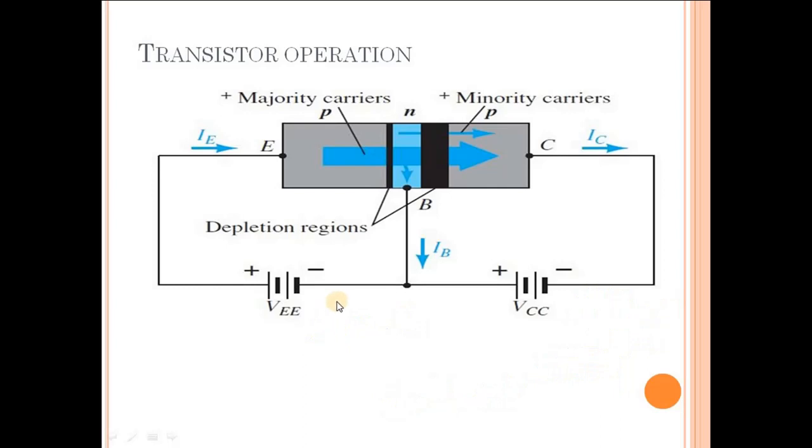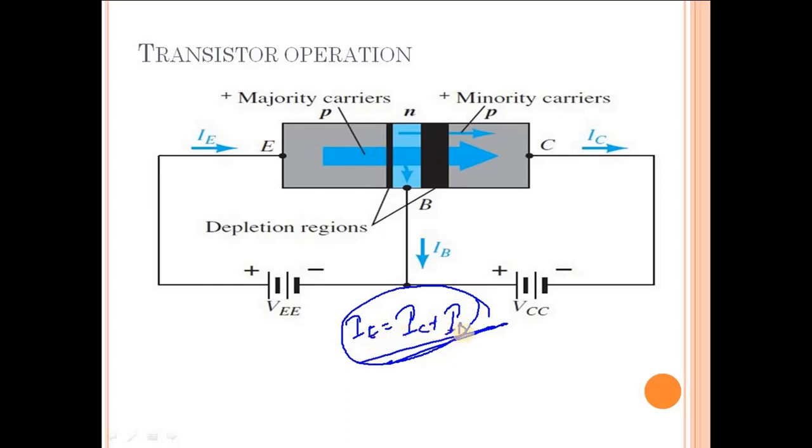By now we have two important equations to keep in mind, so that we can always refer to them while working with BJTs. One equation is IE is equal to IC plus IB, and this applies to any BJT, irrespective of whether it is an NPN or PNP BJT. This particular equation will always apply.